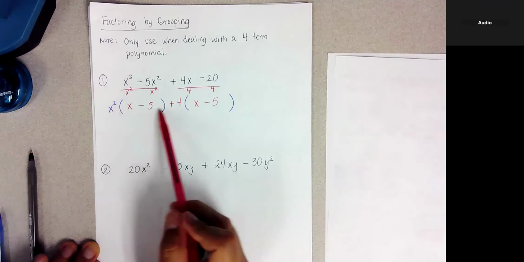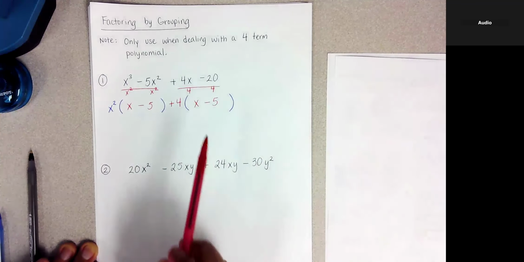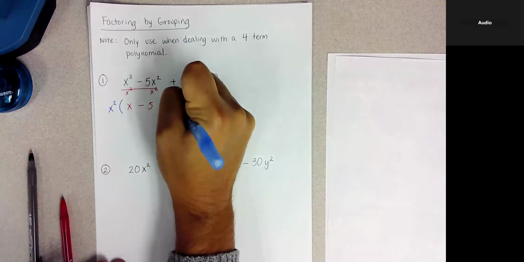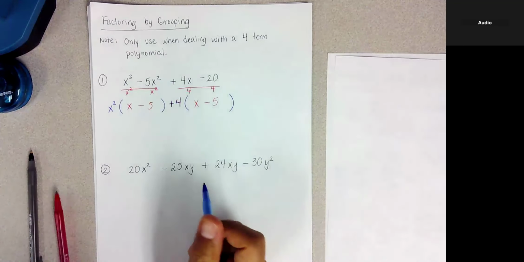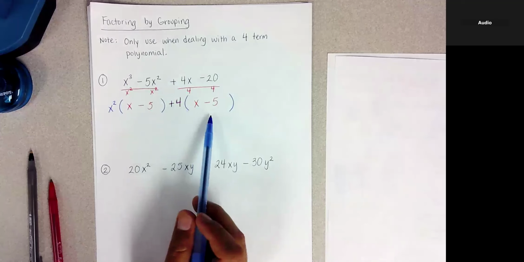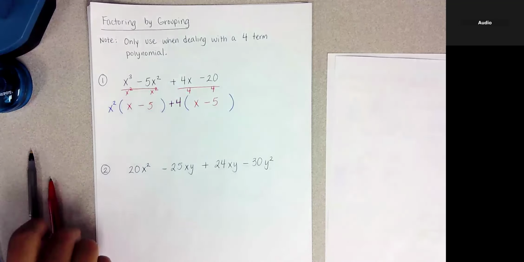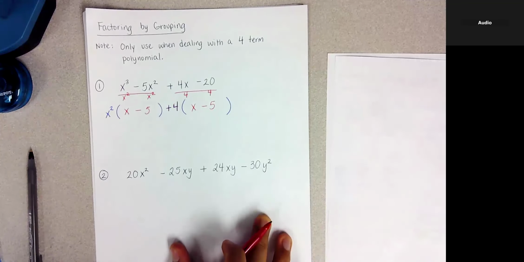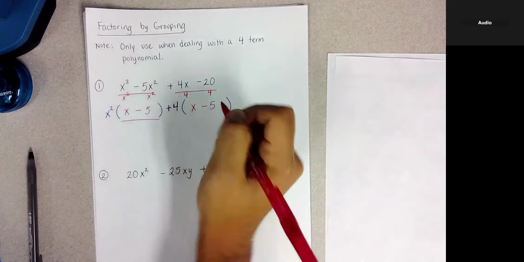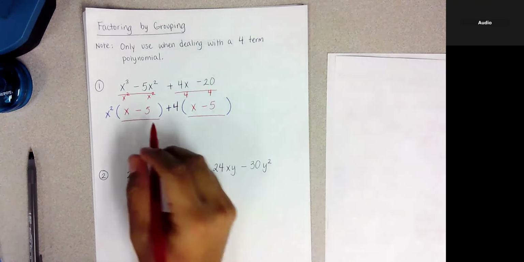I have this somewhat more complicated looking polynomial, but there's something really nice about this polynomial. I'm going to go ahead and just make this blue so that you can see it maybe a little bit more clearly. What do these two terms have in common? Well, this binomial in parentheses is exactly the same. So guess what?